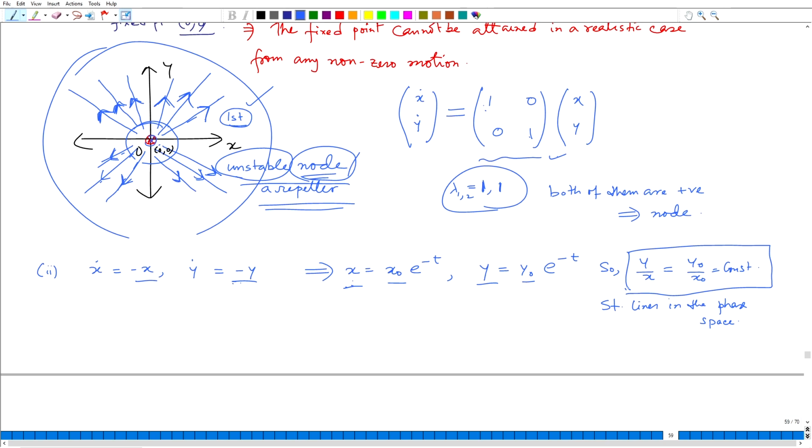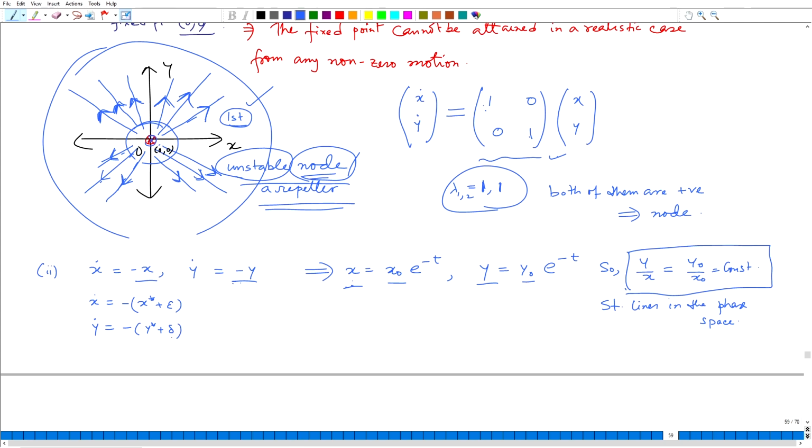Now, you can do the same type of analysis in a different way. You can do a small perturbation and say x dot is equal to minus x star plus epsilon, and y dot is equal to minus y star plus delta.